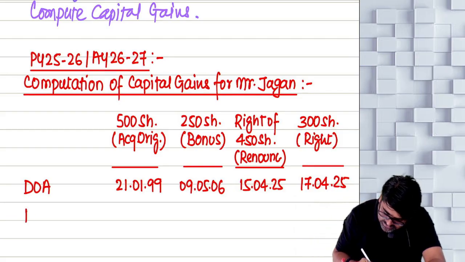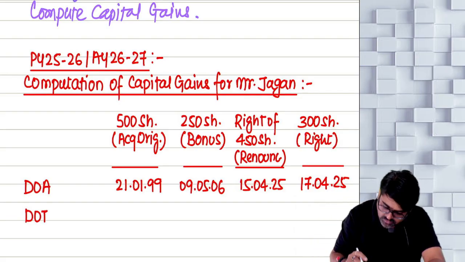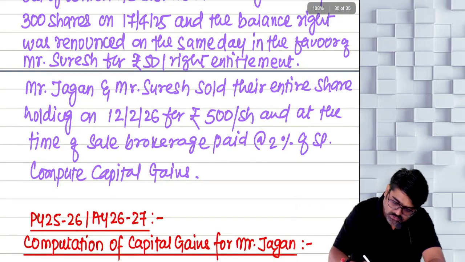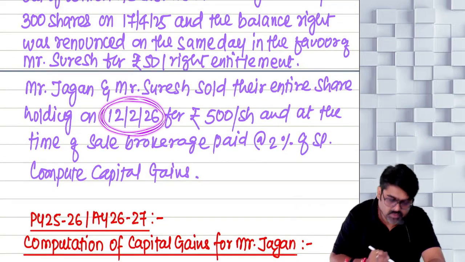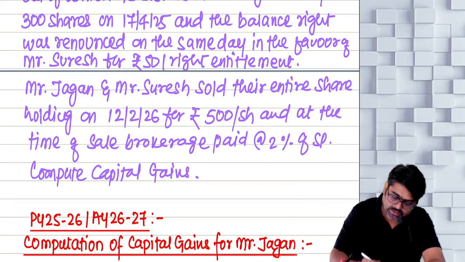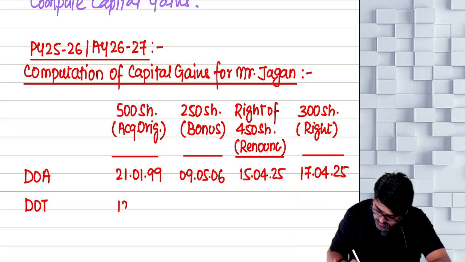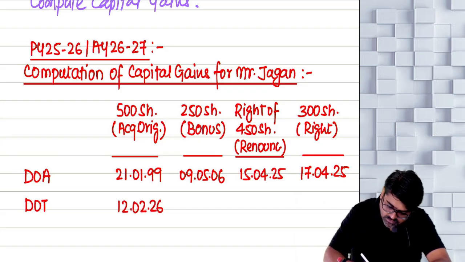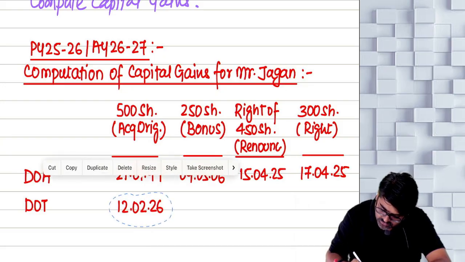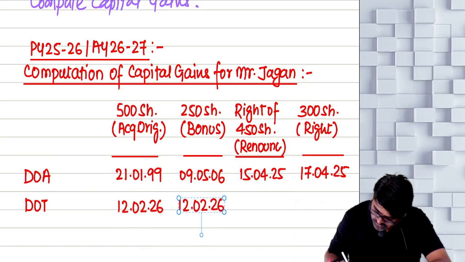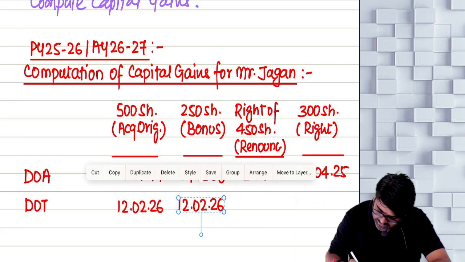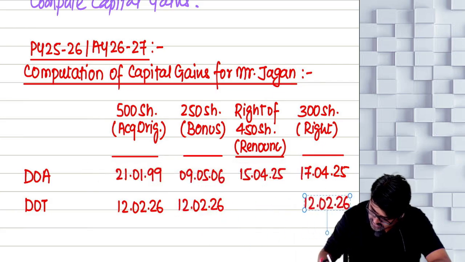Now, for all the assets, I get the date of allotment. Now, all the shares are transferred on same date, on 12th of February 2026. So, 12th of February 2026, Jagan has sold all his shares.